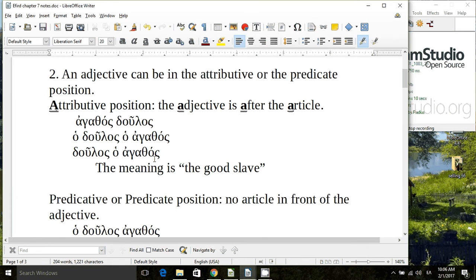We could change this to the genitive easily enough: tu agathu doulu. Tu agathu doulu would just be of the good slave. Again, since I changed my noun to genitive singular masculine, my adjective has to be genitive singular masculine. They have to agree.